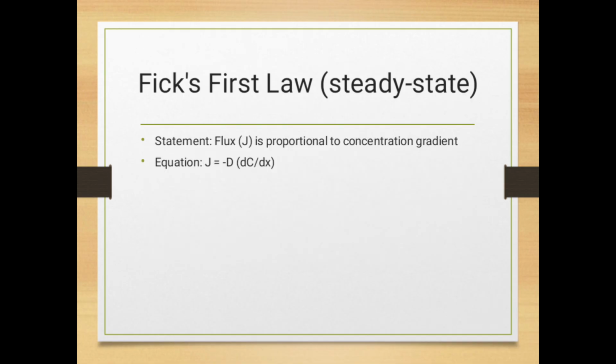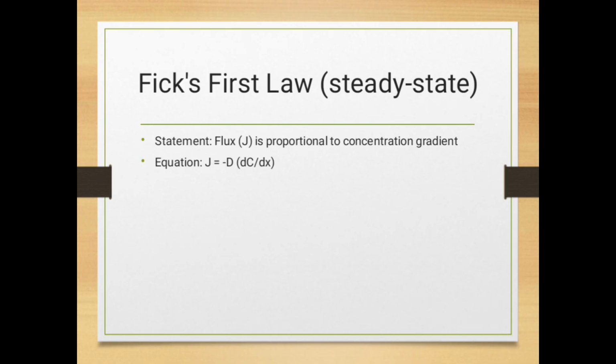Now moving further. The statement is that flux, that is J, which we can also call the speed of diffusion, is proportional to the concentration gradient. Students, when the concentration difference does not change with time, the speed of diffusion, called flux, depends on how big that concentration difference is. In simple words, the bigger the difference in concentration, the faster the molecules spread, as long as things stay steady.